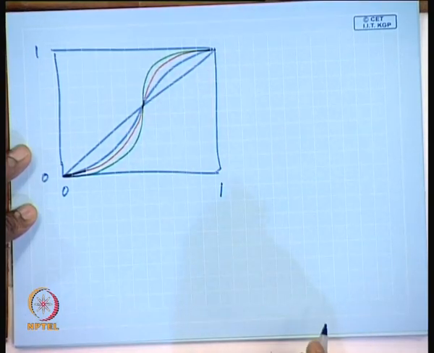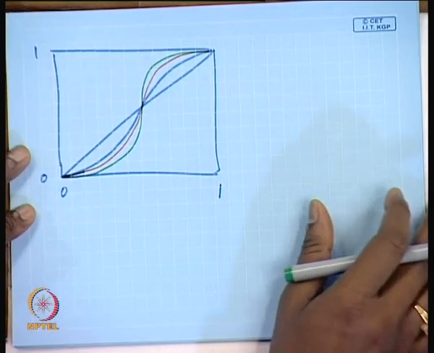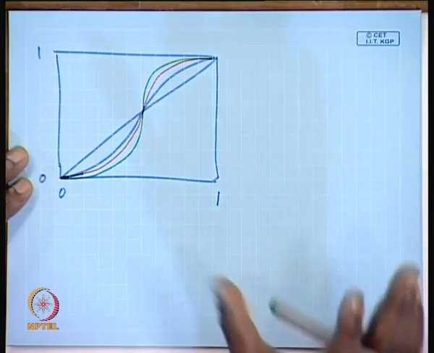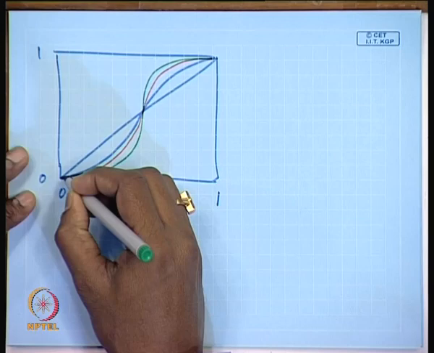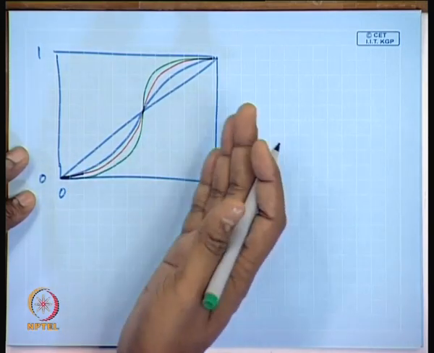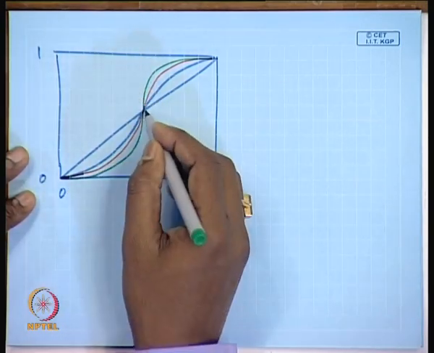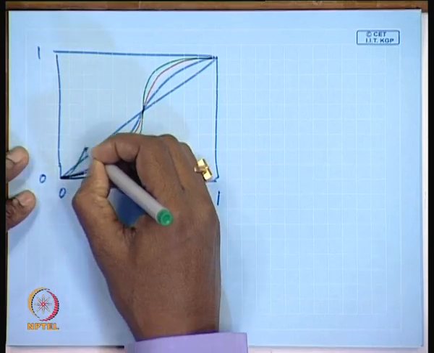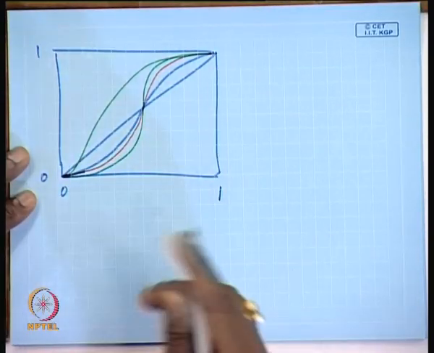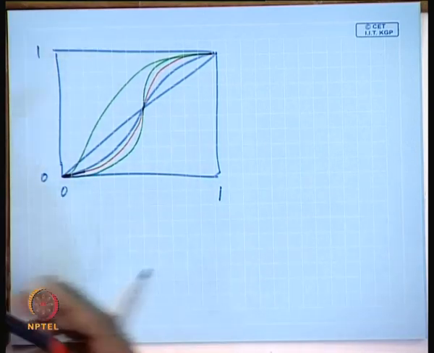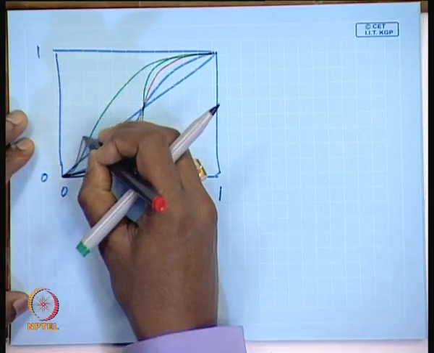Okay. Now when we are talking about positively skewed and negatively skewed, this is how the distribution will look. When it is becoming positively skewed, this intersection point will come towards this. So if it is more positively skewed, then it can be even like this.